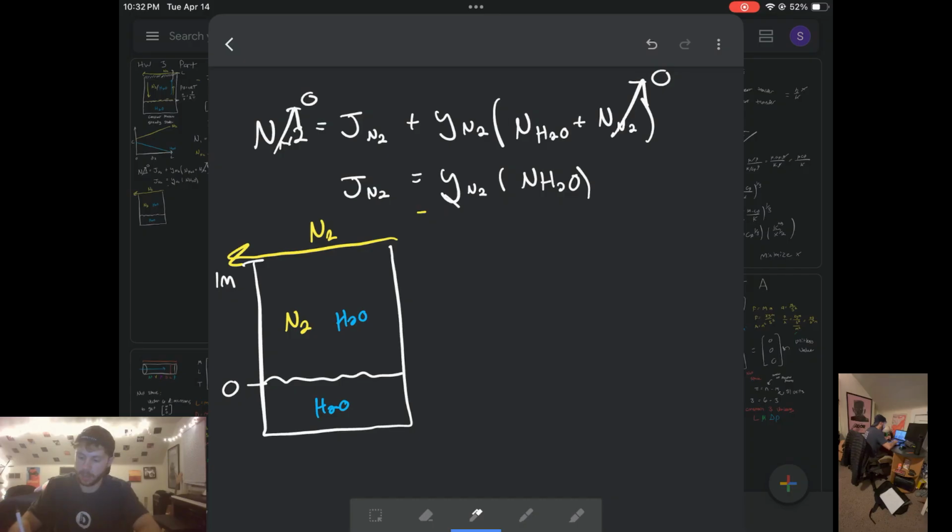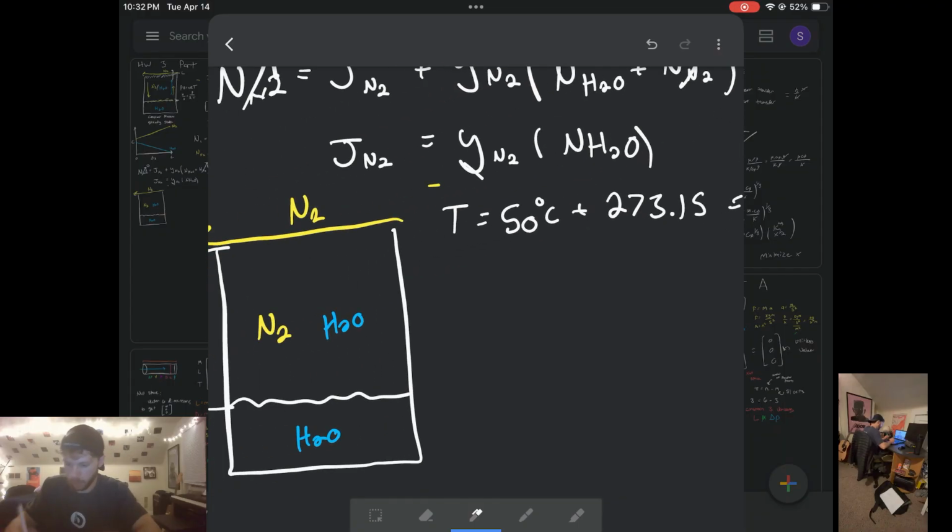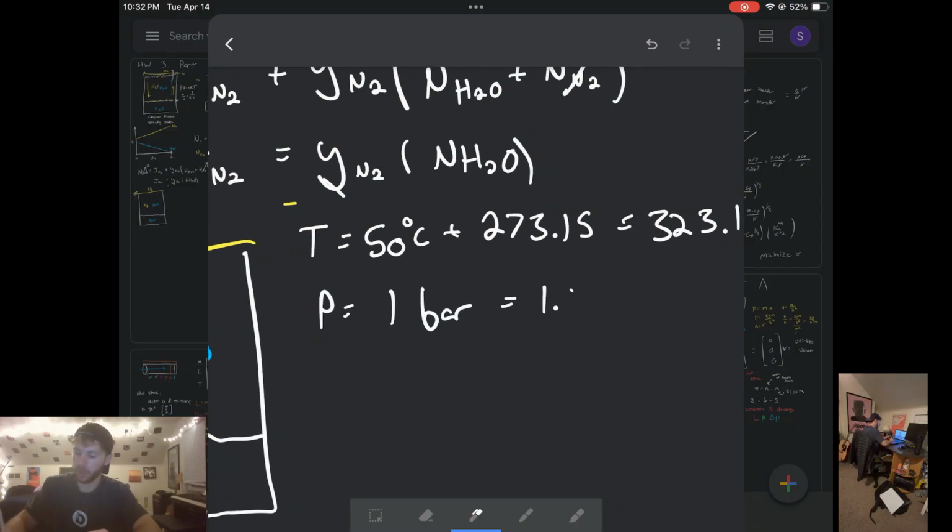We said temperature is equal to 50 degrees Celsius, and converting to kelvins, we'll get 323.15 Kelvin. And then the pressure we said has a pressure of 1 bar, which is equal to 1.013 times 10 to the 5th pascals.